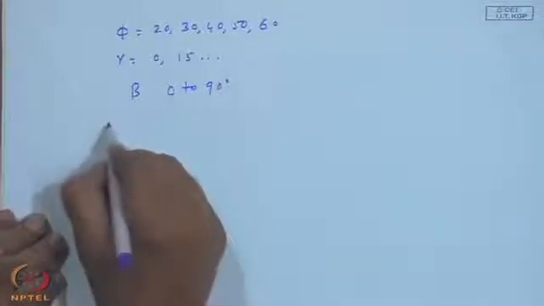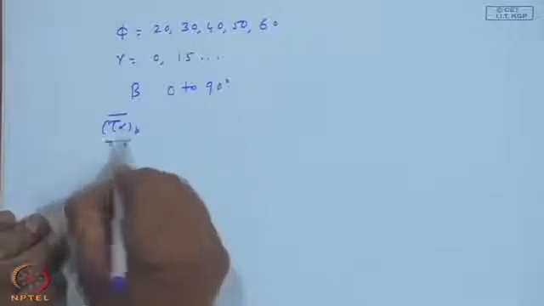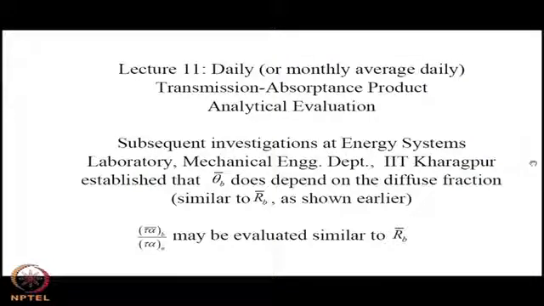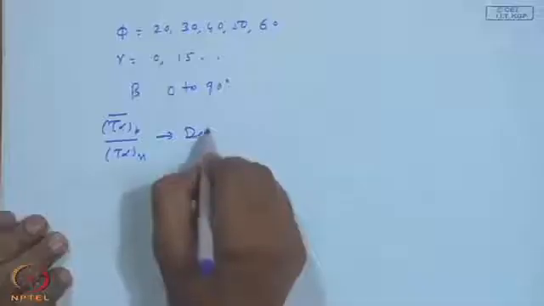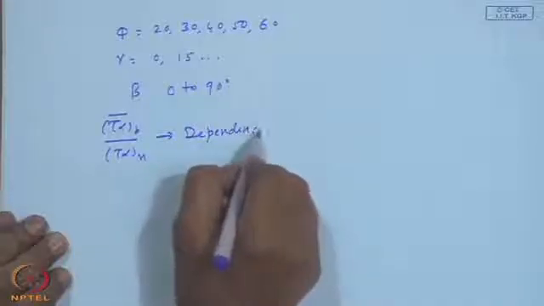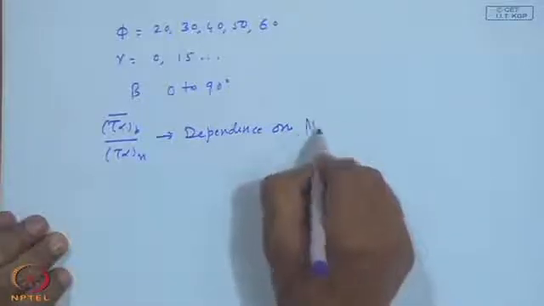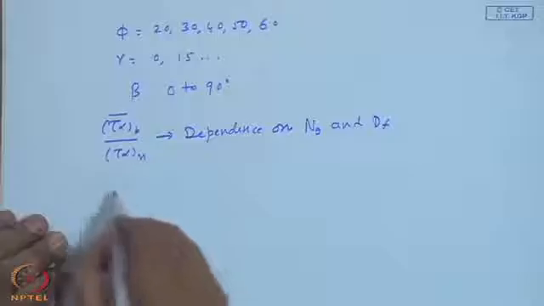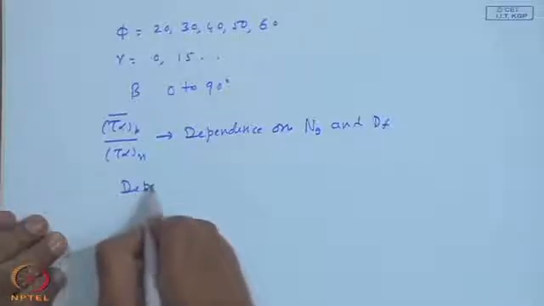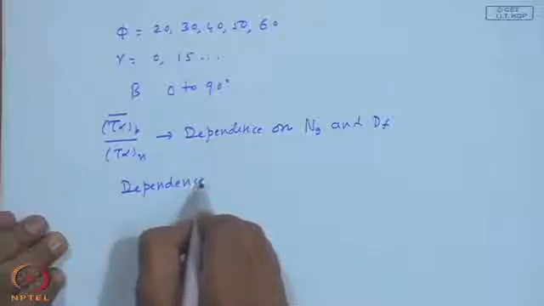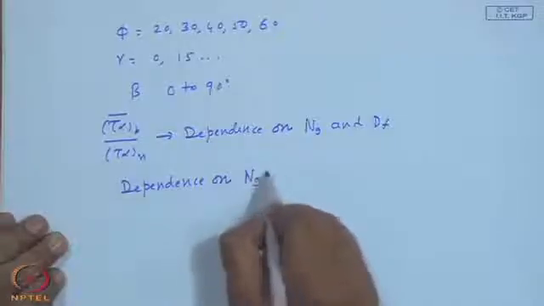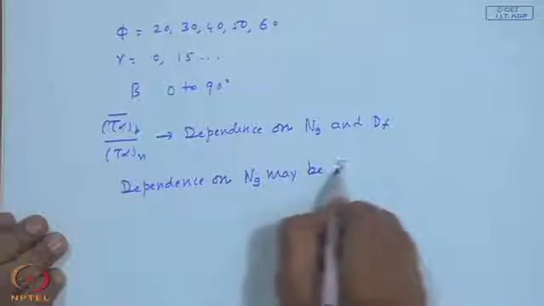So, this tau alpha bar b by tau alpha n not being dependent on N g, one possibility is the dependence on N g may be small.